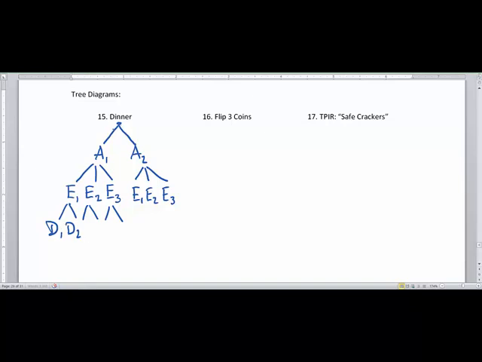So if I follow this path, which is appetizer 1, entree 1, and dessert 1, this is one possibility you could have chosen. You could have also chosen appetizer 1, entree 1, dessert 2. So every completed path represents one outcome in your sample space. And these were all independent choices because picking one did not affect the pick of the other.